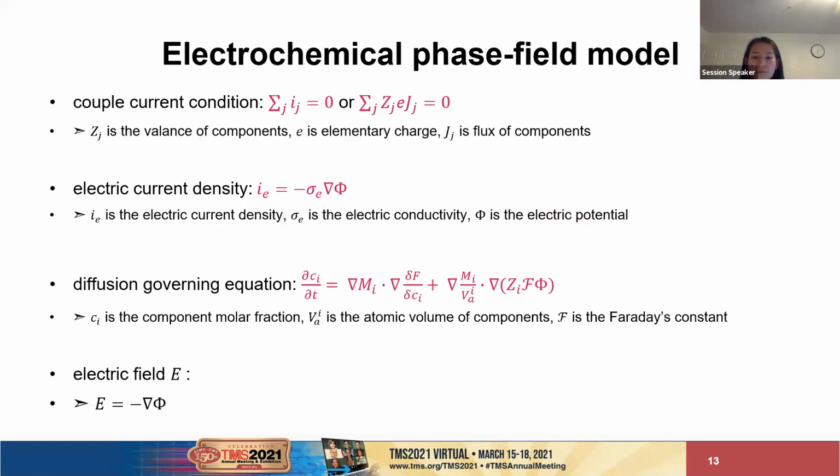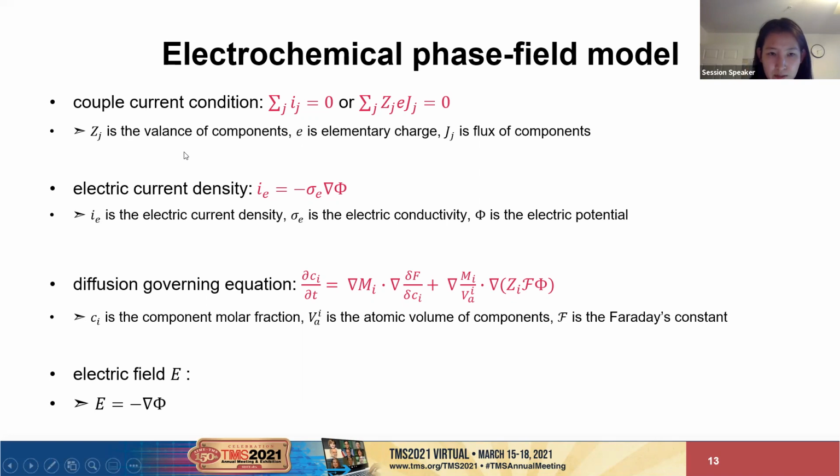Now, the second part of my phase field model is the electrochemistry. An electric field and electric potential will be established inside my system due to the different diffusivities of the traveling charged particles.